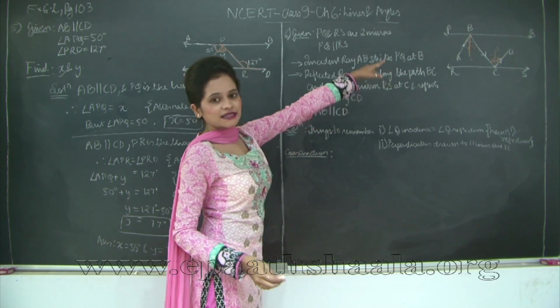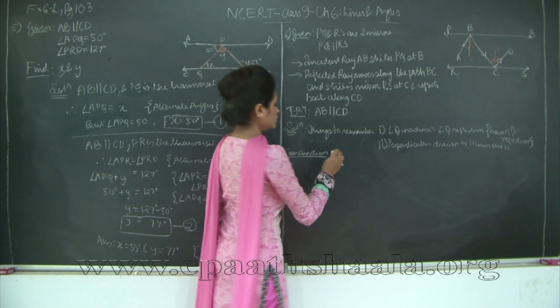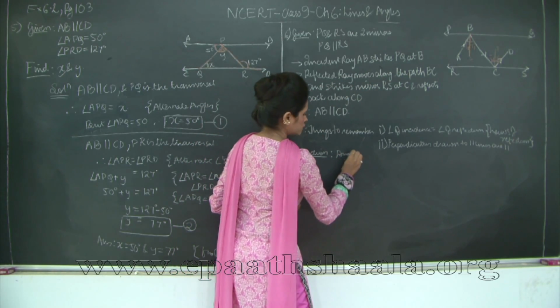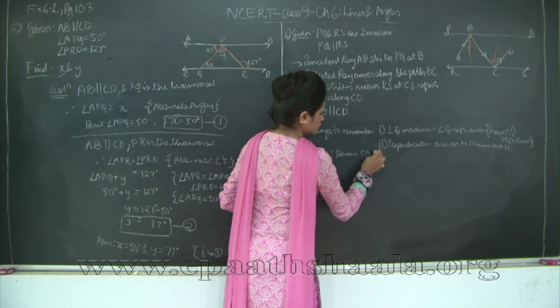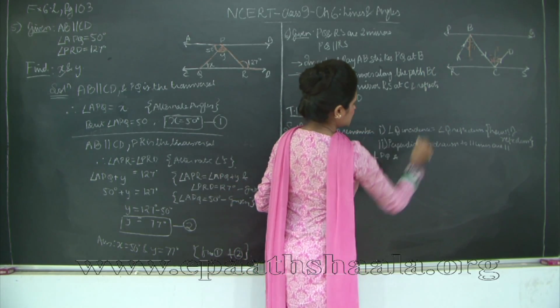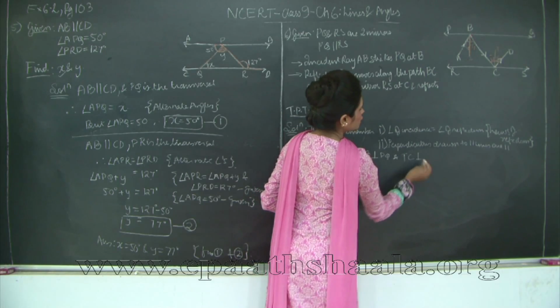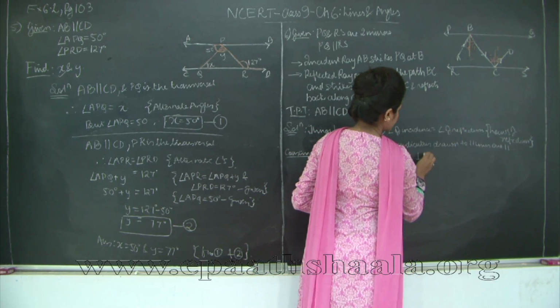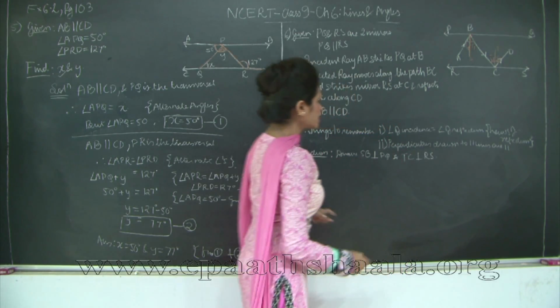I'll say draw SB perpendicular to PQ and TC perpendicular to RS. Correct? So this is my construction.